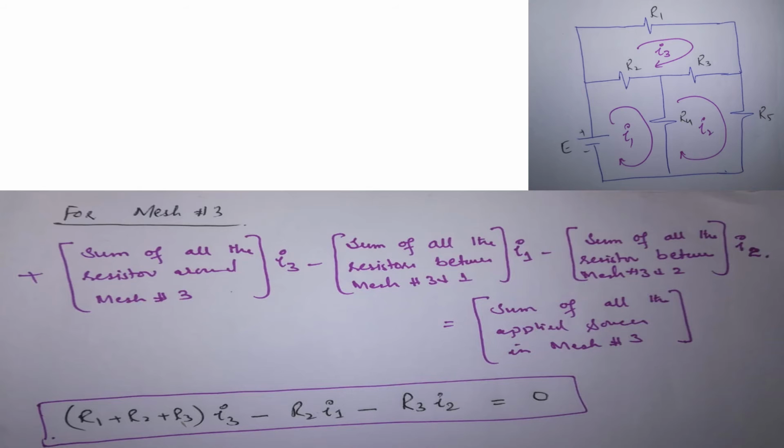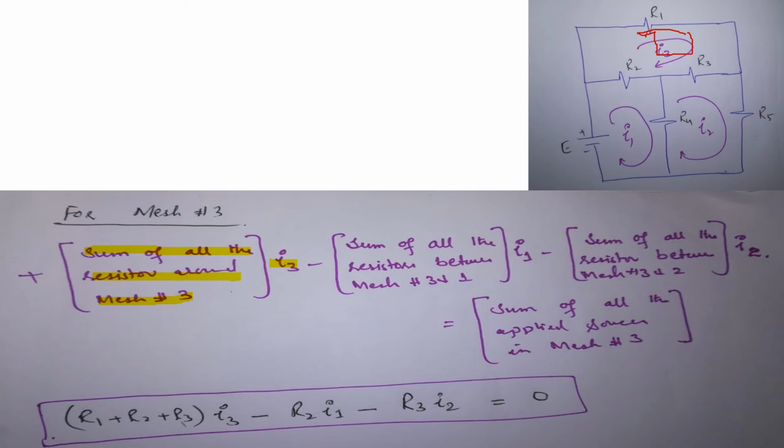Okay, now we can write the equation for mesh 3. I3 is the current of mesh 3. Using the inspection method, the sum of all the resistors around mesh 3 is multiplied by the current I3.